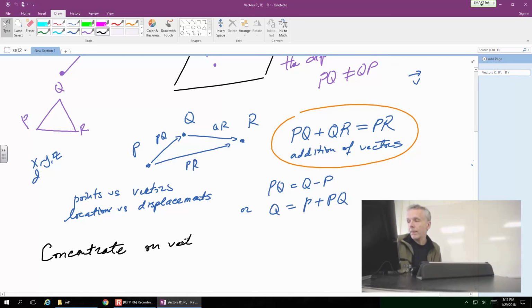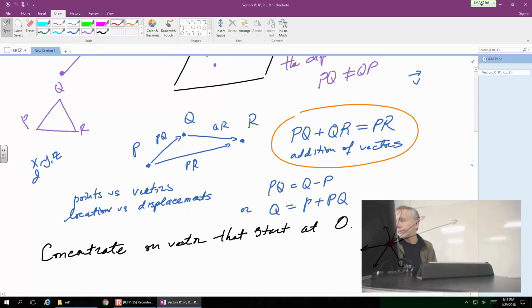vectors that originate at the origin, start at the origin. Okay, so like this. They can have different lengths, but the starting point is the same. So that's the origin.